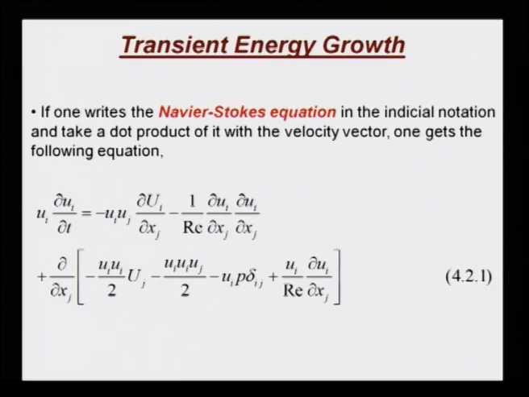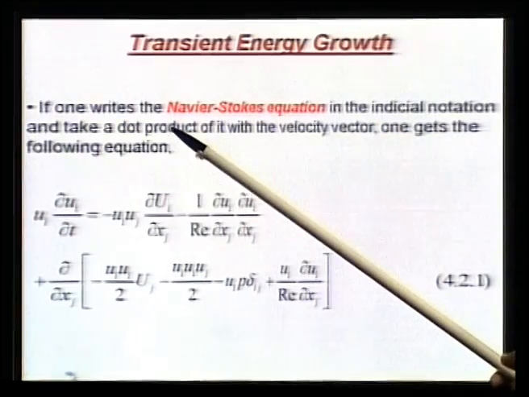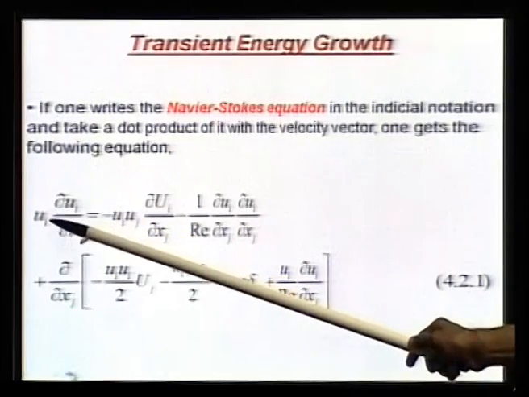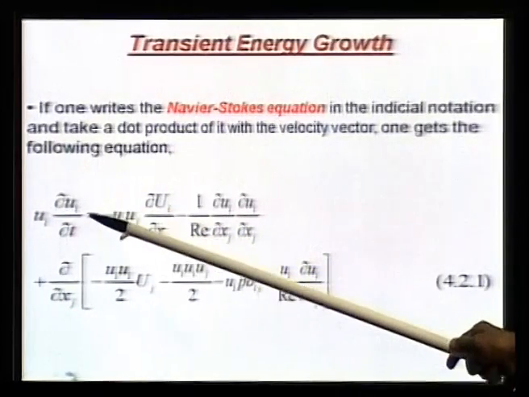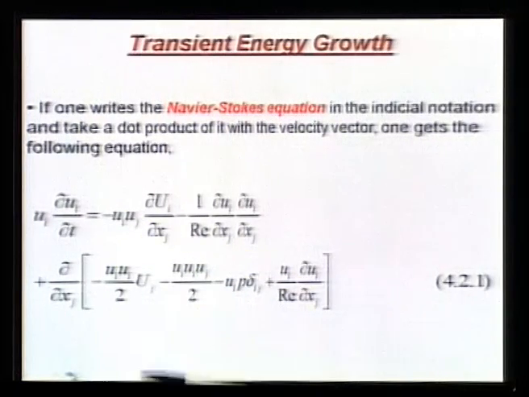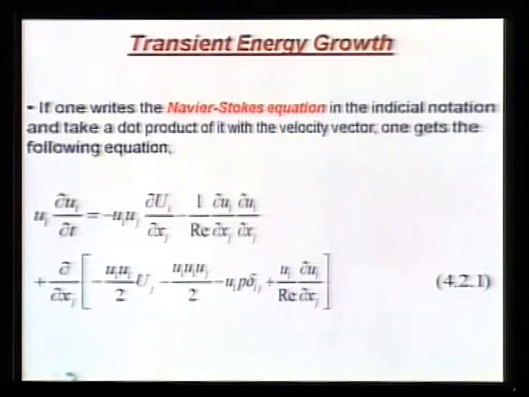This is basically obtained by looking at the Navier-Stokes equation. If you write it in indicial notation and then take a dot product of it with the velocity itself, I will get this term coming from the local acceleration term, and the convection terms will come in two sets.